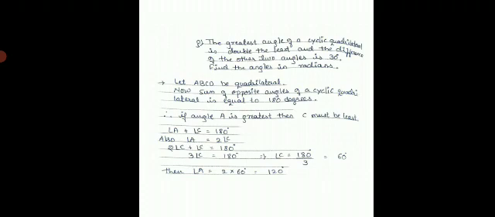Now, in the question it is given that angle A is equal to 2 times angle C. Therefore, substitute in the previous equation: 2 times angle C plus angle C is equal to 180 degree. Then 2 plus 1, the coefficients of angle C, are added. You get 3 times angle C equal to 180 degree.